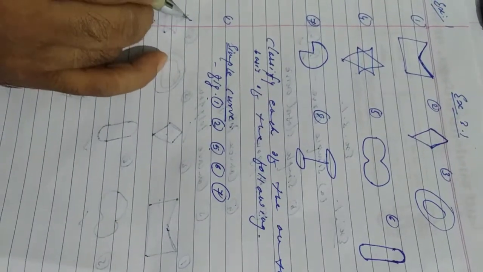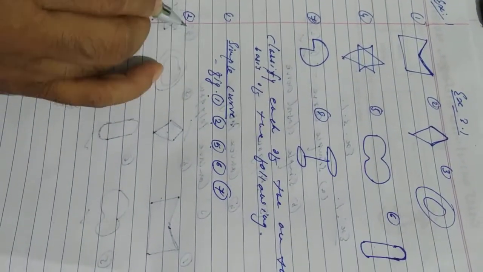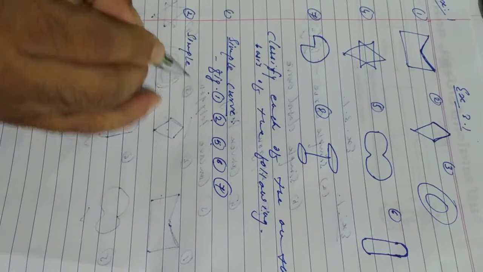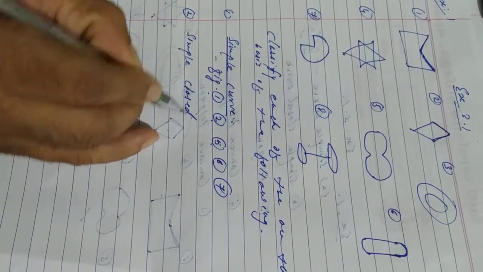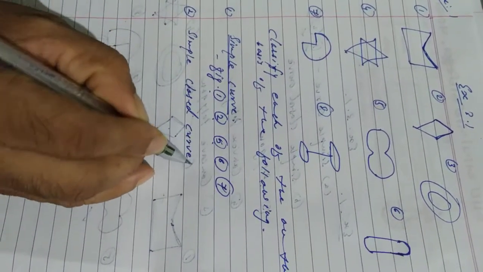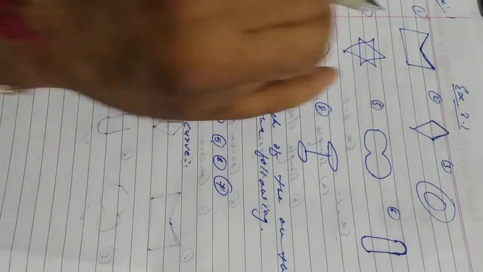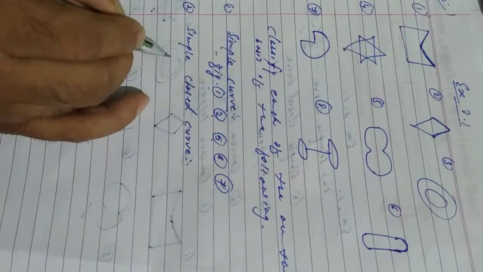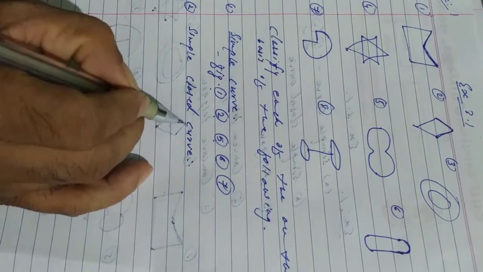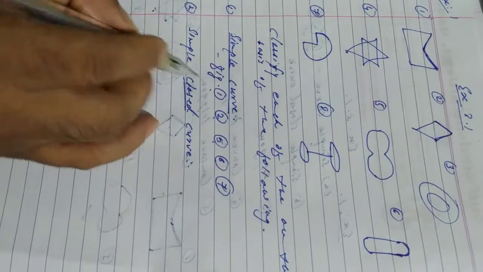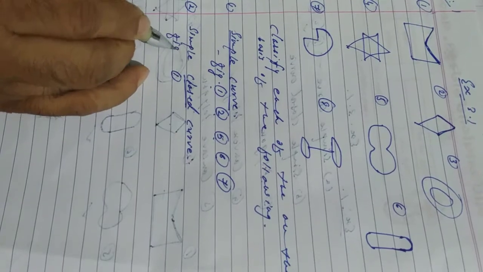Then after that, B, simple closed curve. Simple and what type of curve, closed, right? See figure number 1, it is closed from every side and is a simple curve, right? So it is closed also. So figure number 1.